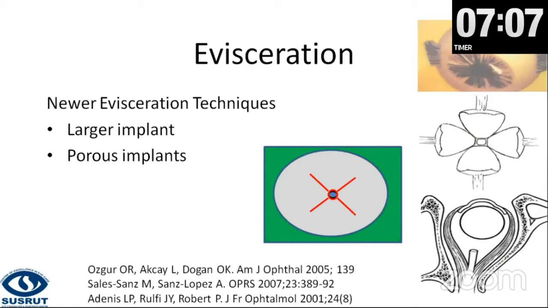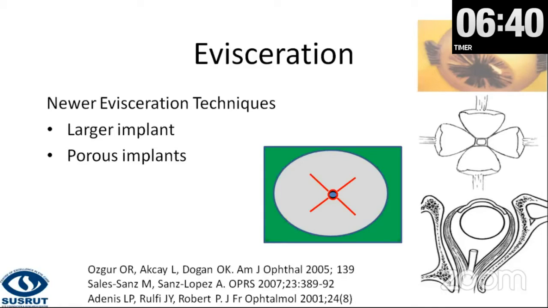Okay, let's come to the techniques. There are several ways of putting in a larger implant. And very nice papers have been published where they show that posterior sclerotomies is the way to do it. So you can have posterior sclerotomies along the circumference. You can have the 4-petal technique where you divide the sclera with the muscle attachments and then reattach it in front of an orbital implant, or Professor Agne's technique, which he describes as the parachute technique.